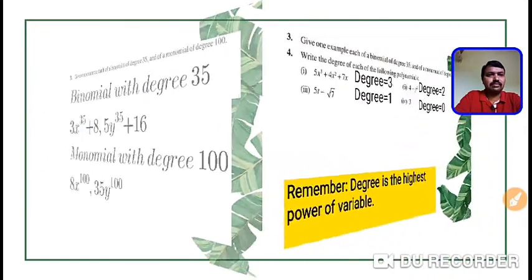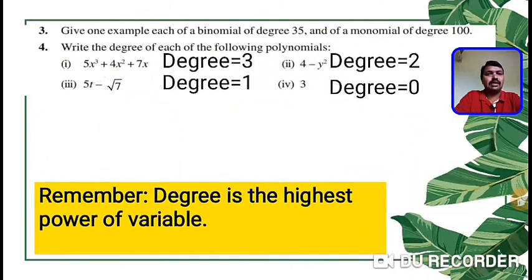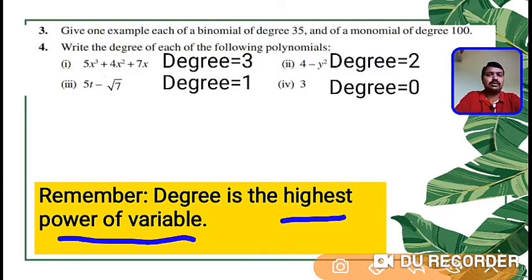Next is, write the degree of each of the following polynomials. I told you degree is the highest power of the variable. So see the first part of question number 4, 5x cubed plus 4x squared plus 7x.